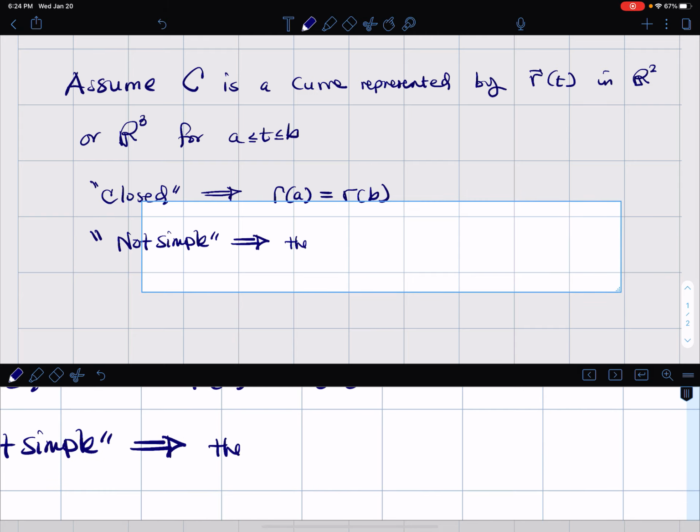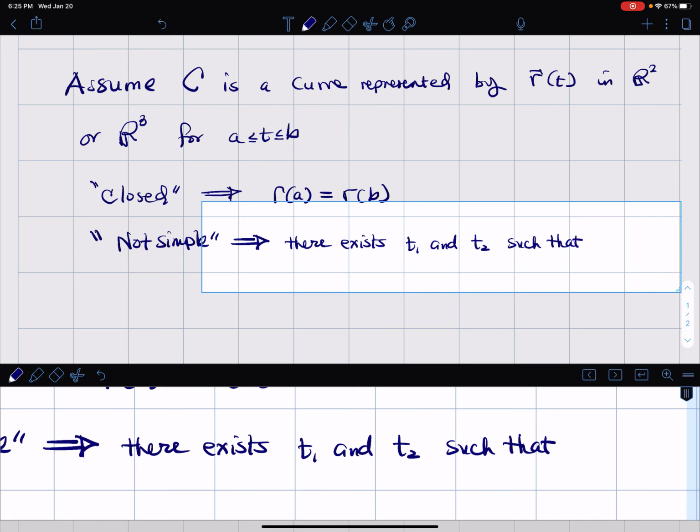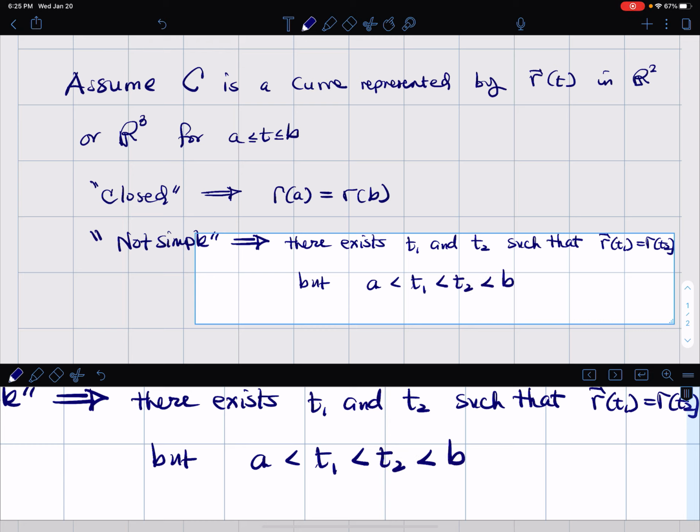Not simple means that there exist t1 and t2 such that r(t1) is equal to r(t2), but at the same time, neither t1 nor t2 is equal to a or b.